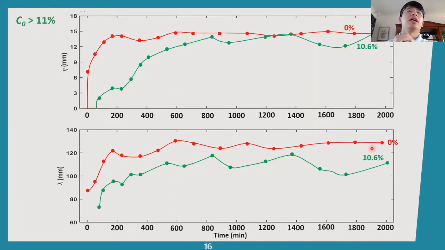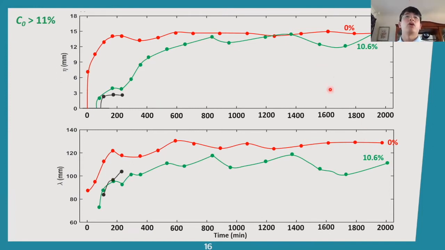So for the ripple development with the initial clay content over 11%, in order to compare, I just keep the clean sand ripple development curves, as well as the ripples developed from the 10.6% initial clay content.